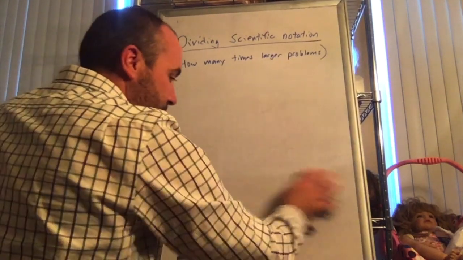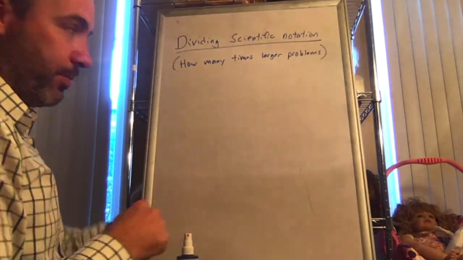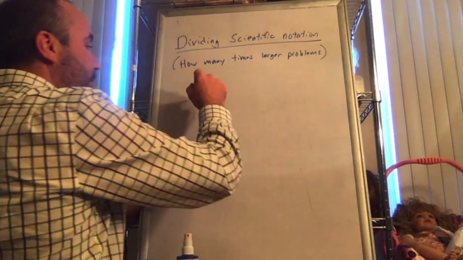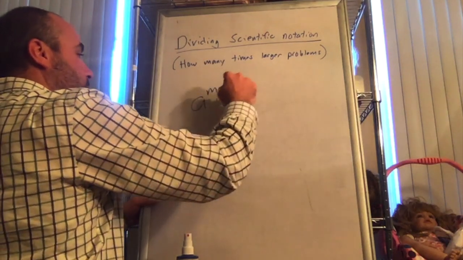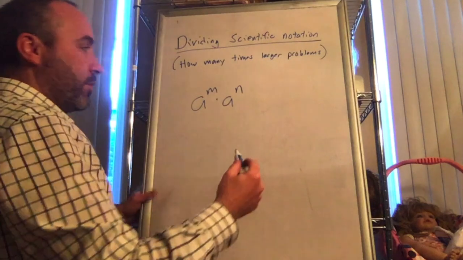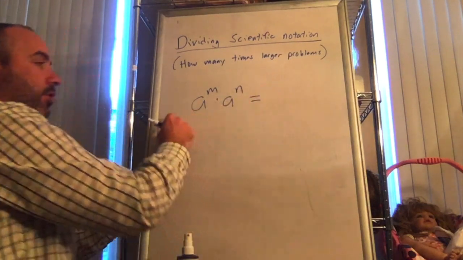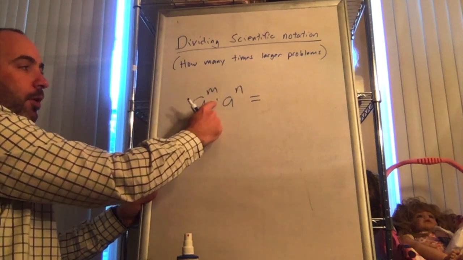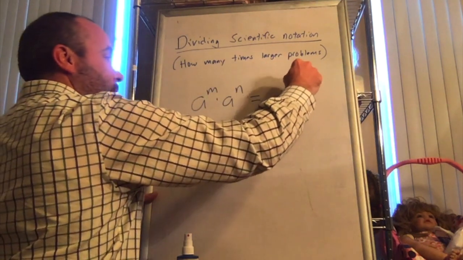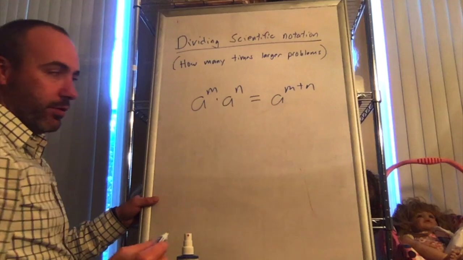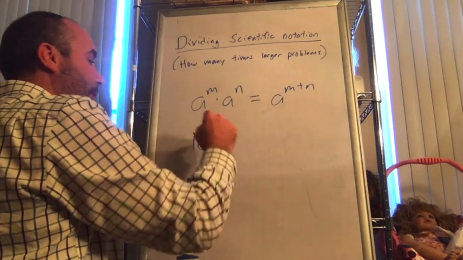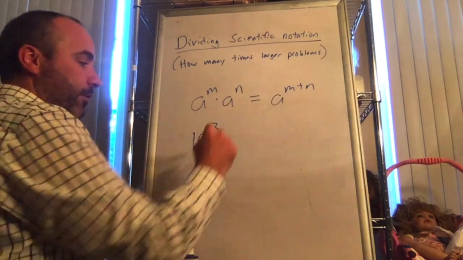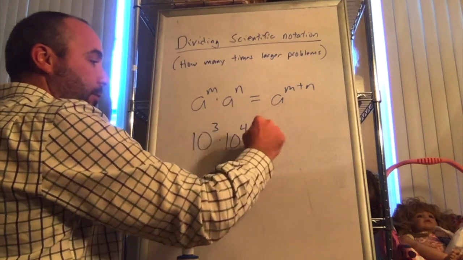A couple other things we've got to talk about are exponent properties. When we have exponent properties with the same base, and obviously we're going to be dealing with tens, this is called the product of powers. This is a power, and we're multiplying them. We add the exponents in that situation. For example, I'm going to use powers of 10 here. Say I had 10 to the third power and 10 to the fourth power.